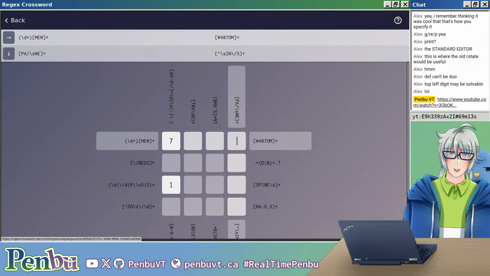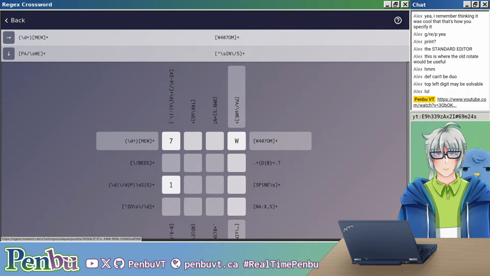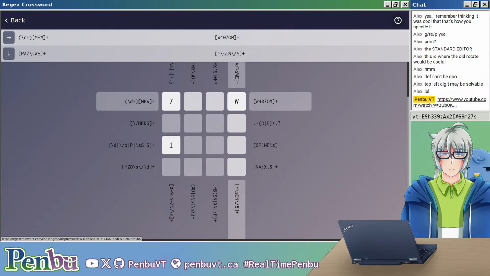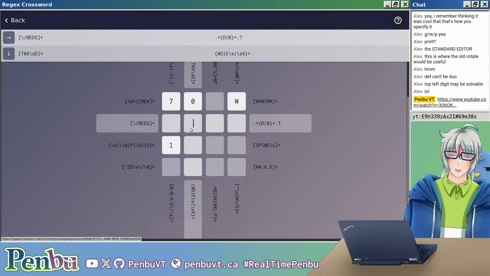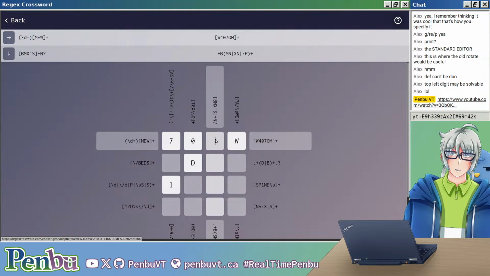So this is a PA. So out of these ones, MW. I think W is the only overlap here. Right, and it has to be one of these anyway. So digits, the overlap here is a 0, I think, which forces this to be a D. Time check, 20 more minutes.